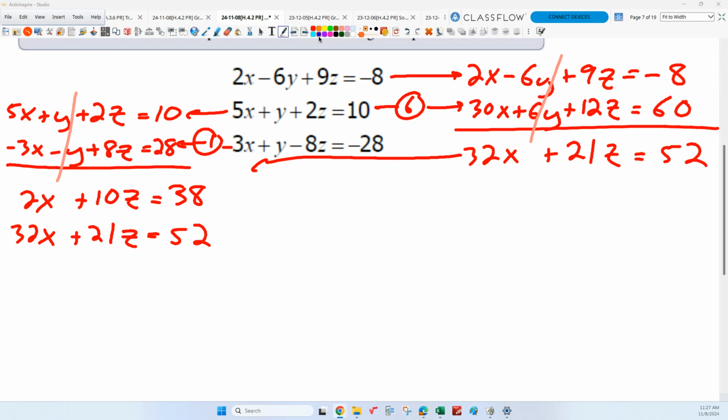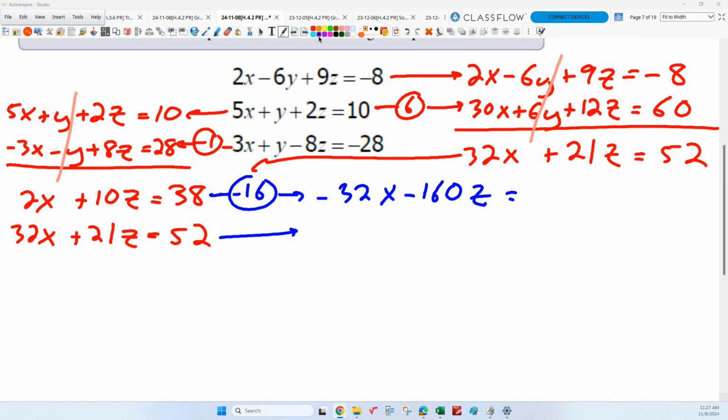No. They have to cancel. Negative 16. Oh, I was crossing them up. Okay. So we get negative 32x minus 160z equals negative 300 plus, so what's that going to be?